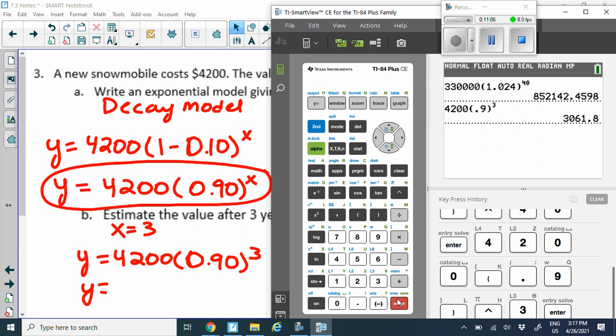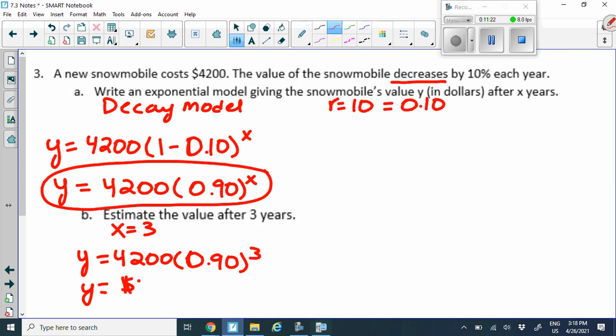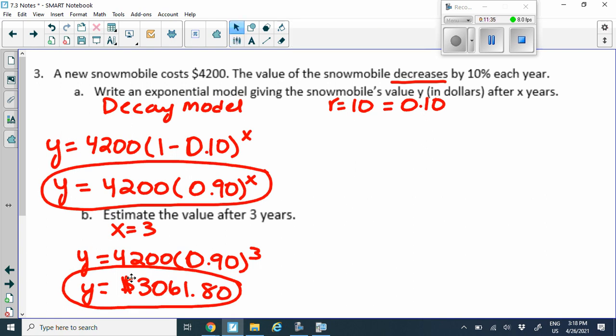And we get $3,061.80. Now, because this is dealing with money, it is okay to get decimals. With all money, you always round to 2 decimal places, or to the hundredths. So here, don't forget the dollar sign, because we're representing money, and we got the 80 cents. Here we didn't need to do any rounding because it was already to that place, and we can use that as part of our answer.